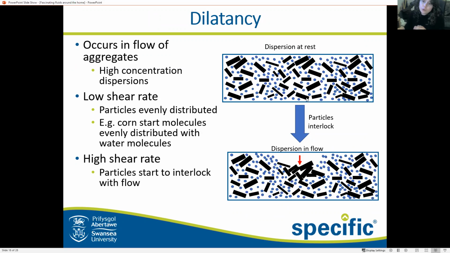However, if you apply high shear, like me thudding it down just then, this causes the particles to interlock. In this case, they all start to jam with one another, with the water molecules flowing out, leaving you with a solid. This prevents it from flowing readily, and is the reason why if you were to make enough of this and fill a bathtub, you could probably run across it.